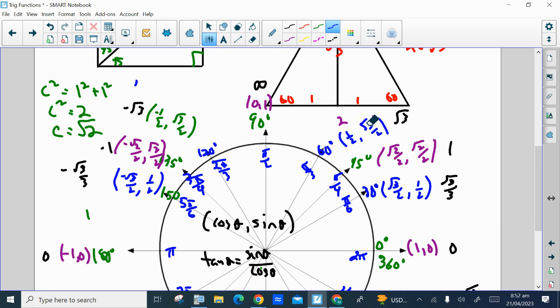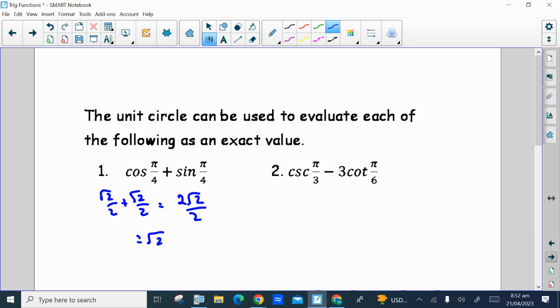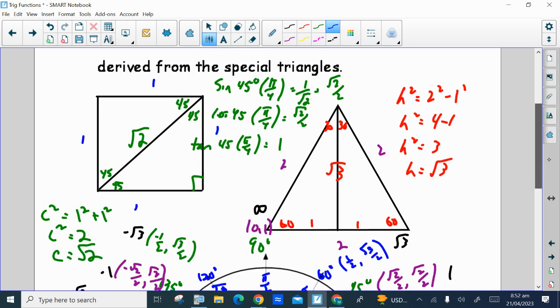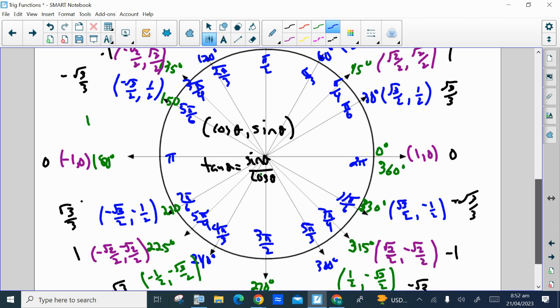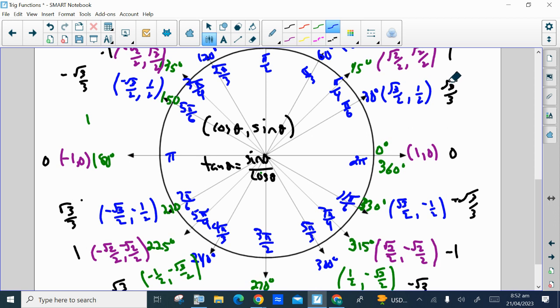So the cosecant will be 2/√3 minus 3 times the cotan of pi on 6. So back to the unit circle. The tan of pi on 6 is √3/3. But remember, that came from 1/√3. That's where it came from. And if you think of it as 1/√3, then the cotan is just √3/1 or √3.